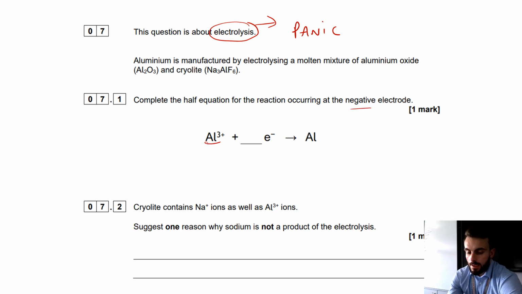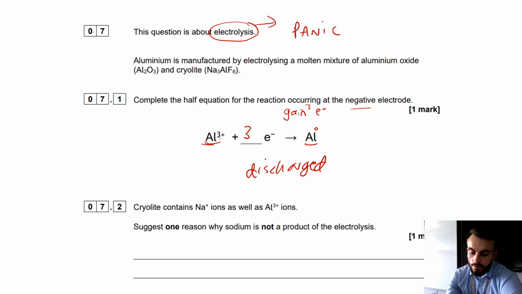Just remember that the ions, when they split, always become discharged at the electrode, so they lose the charge. With the one on the right, you can imagine an invisible zero there, because it's got no charge, as it's in its element form. It's gone from 3 plus to that. What did it need to do to get from 3 plus to no charge? It's gained 3 electrons, so you just put a 3 there.